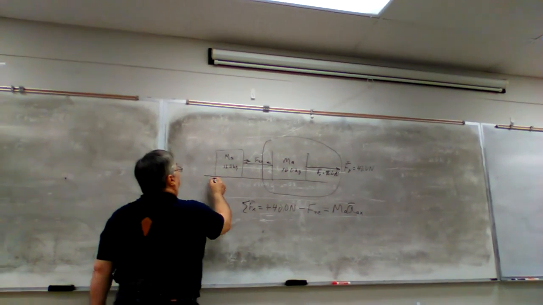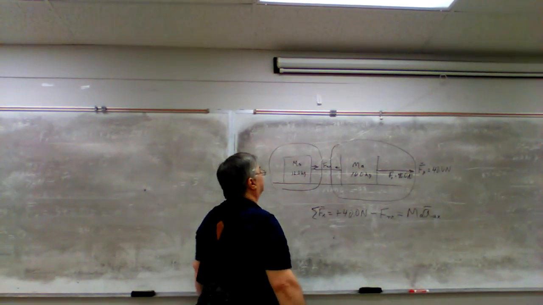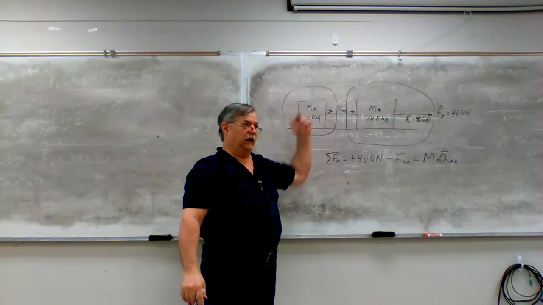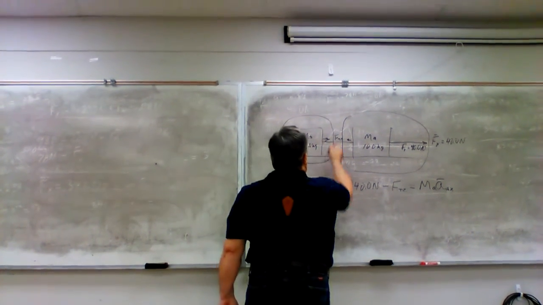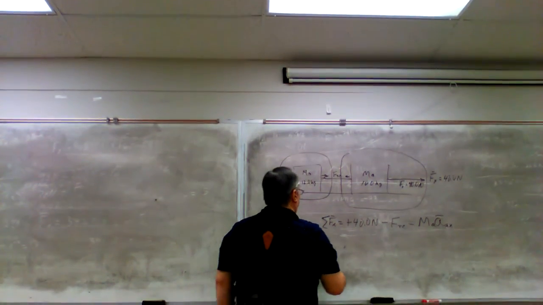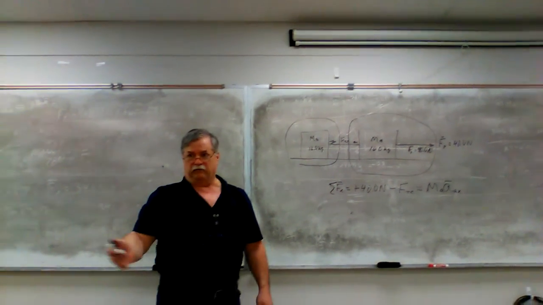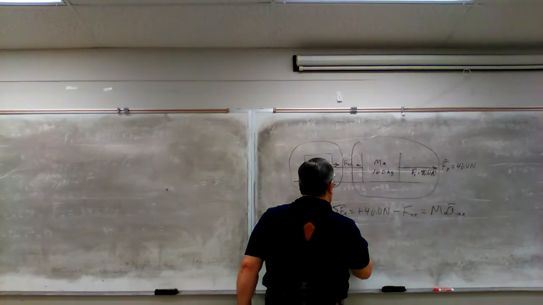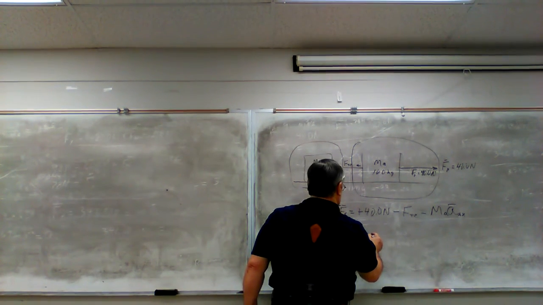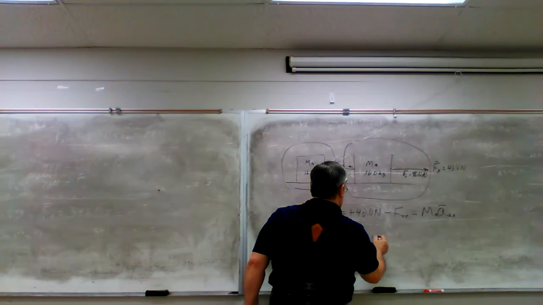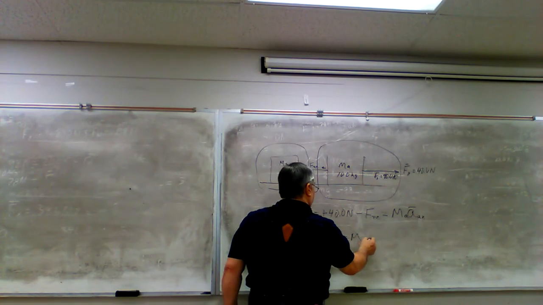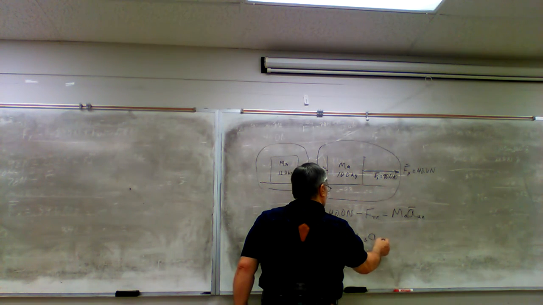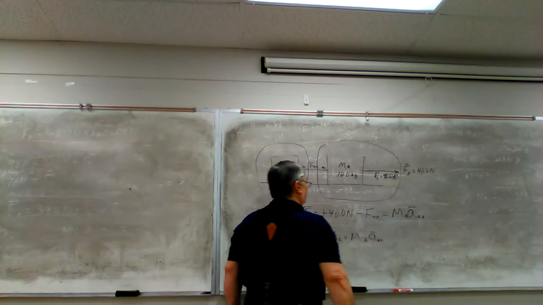Now, what forces are acting on this box? Again, we've got gravity and the normal force that cancel each other out, and that leaves just the force of tension 2 acting on this box, because again, we're ignoring friction. That's equal to mass B times the acceleration of B in the x direction.